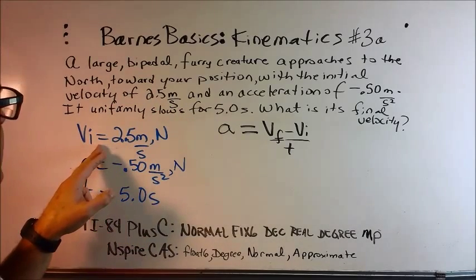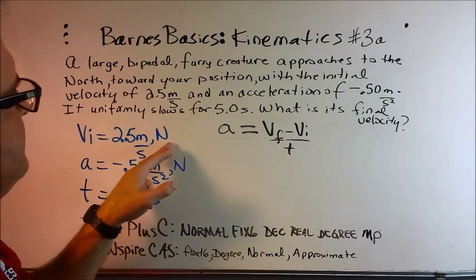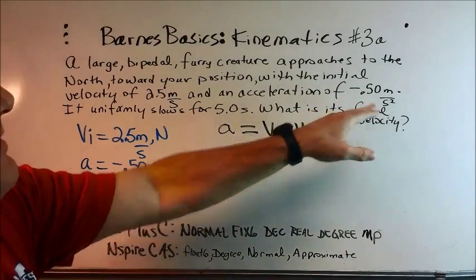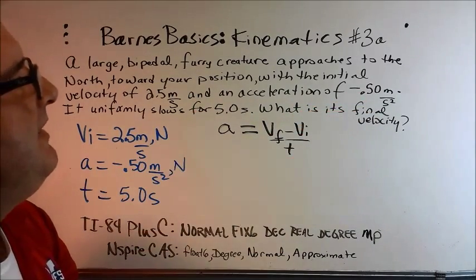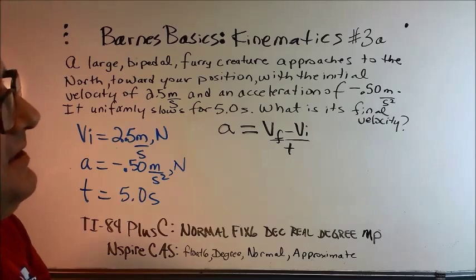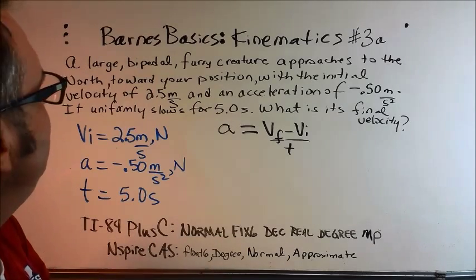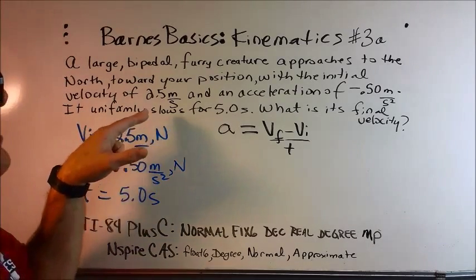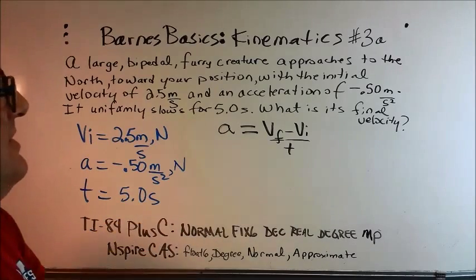So I realized that this was the initial velocity, 2.5 meters per second to the north, an acceleration of negative 0.5 meters per second squared indicated that the critter was slowing down. It uniformly slows for 5 seconds. That gives us the time.